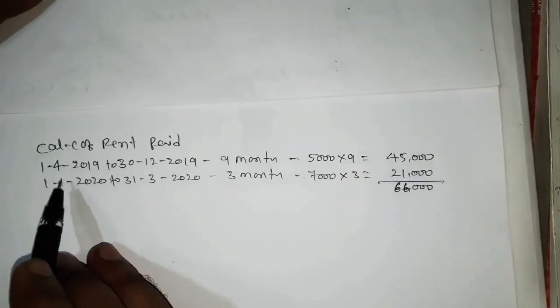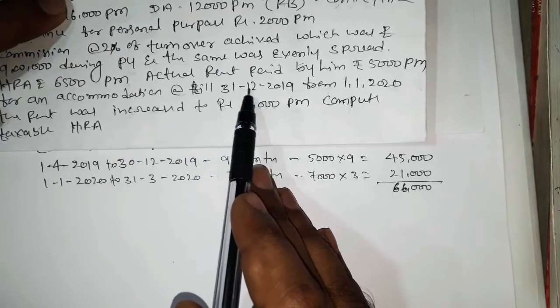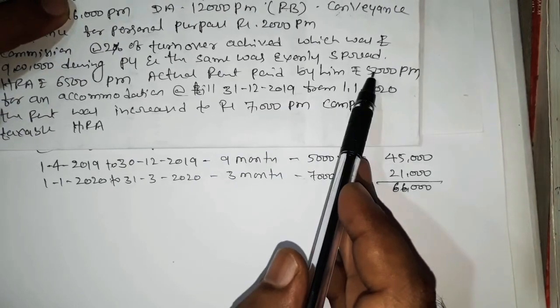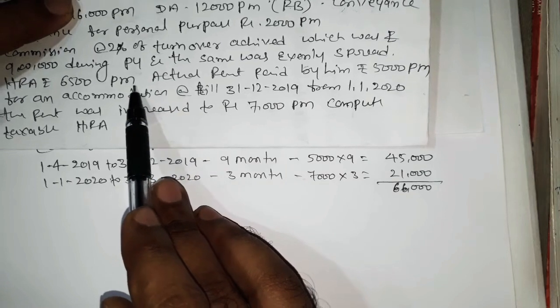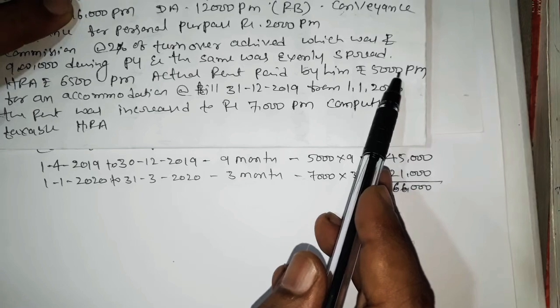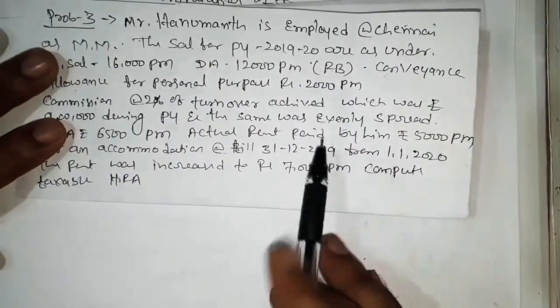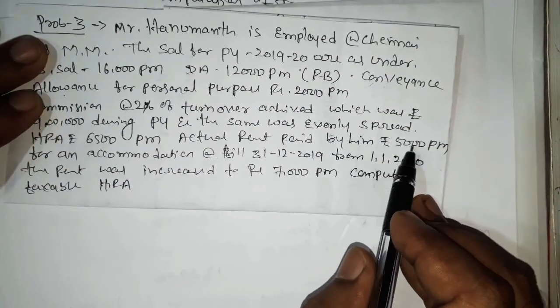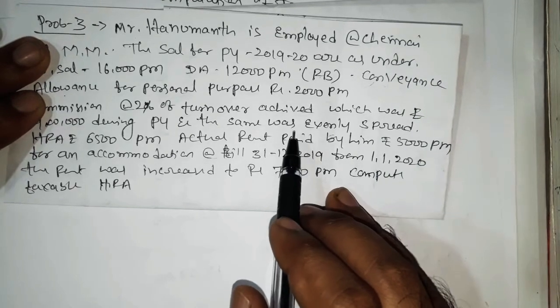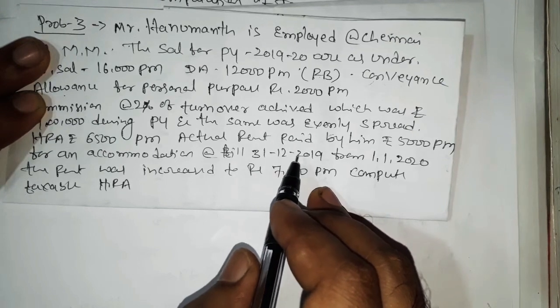See here, the calculation of rent paid is as follows. Up to 31st December 2019 he paid 5,000 per month, the actual rent paid by him for the accommodation.